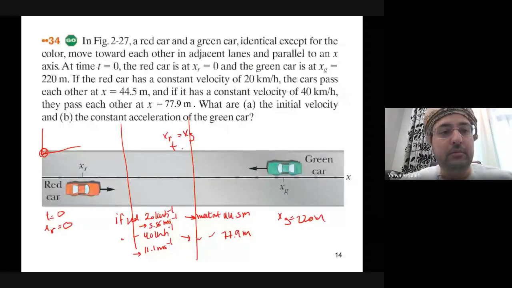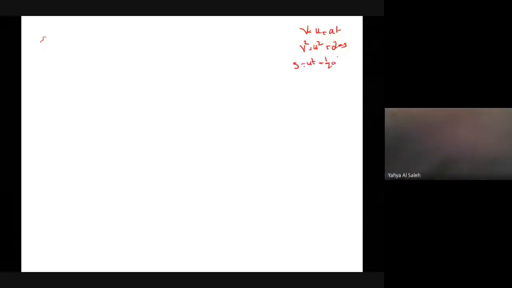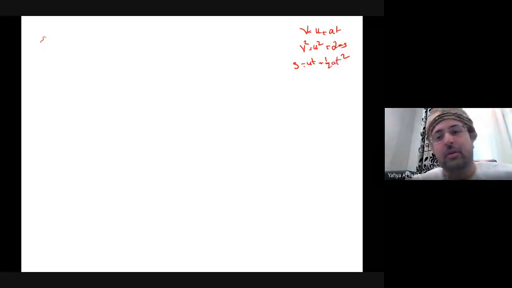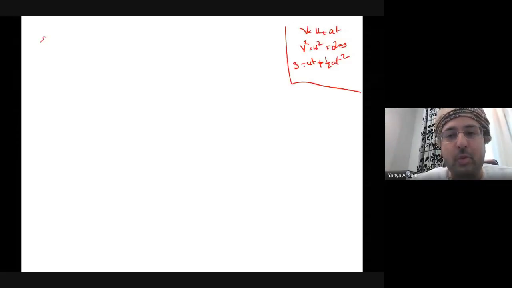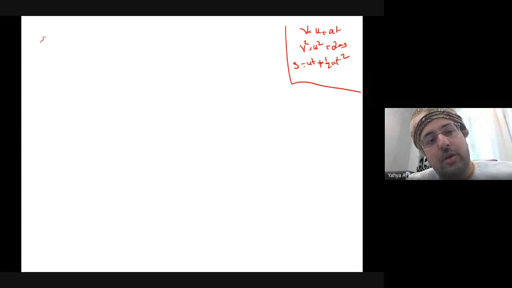How? What are we going to be doing? We have our equations. I will write them down. I always write the equations in the corner. V equals U plus AT. V squared equals U squared plus 2AS. And S equals UT plus half AT squared. I rarely use the other equations. Now, what do we do with them? Well, we know XR initial is 0.